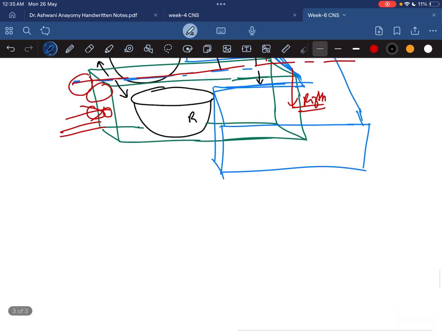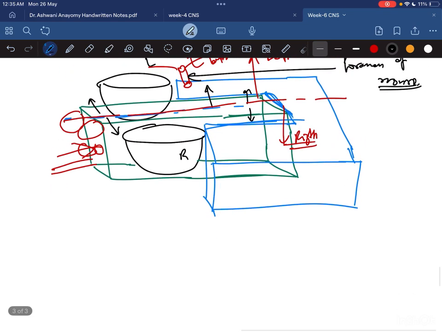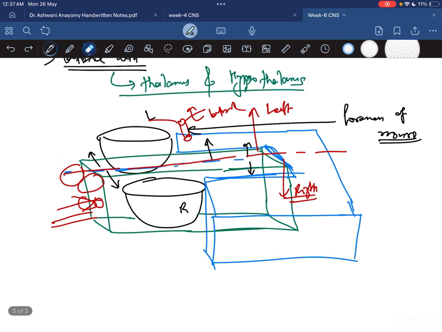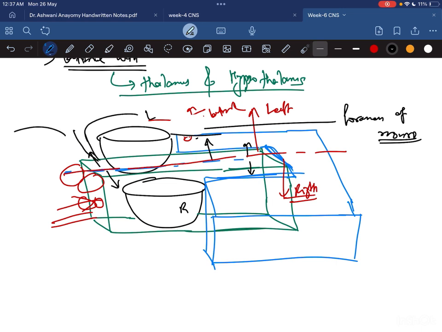Sorry, I have mentioned one thing wrong. This is not this, this is the hypothalamus. So here this is the communicating foramen of Monro.